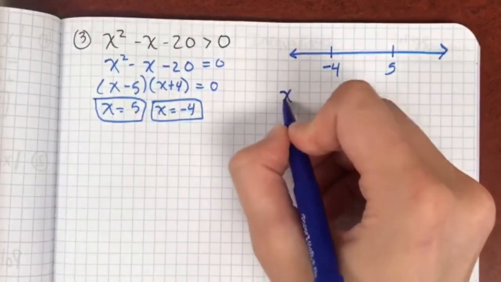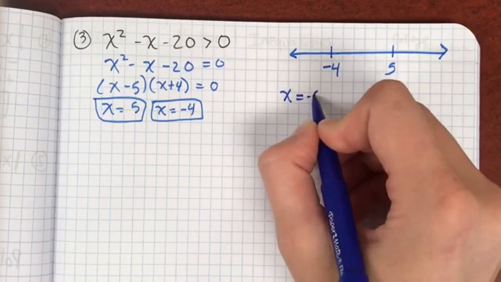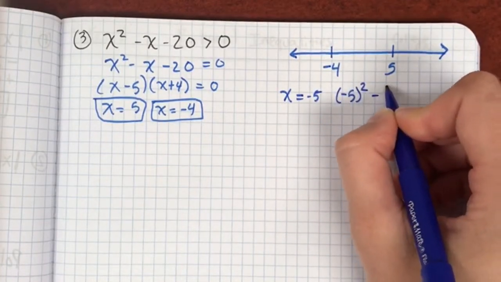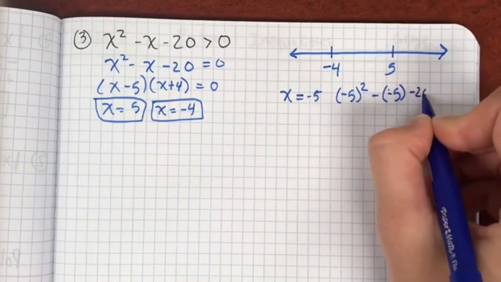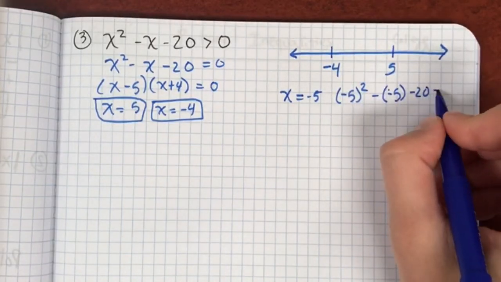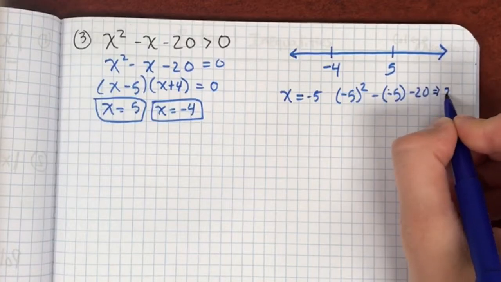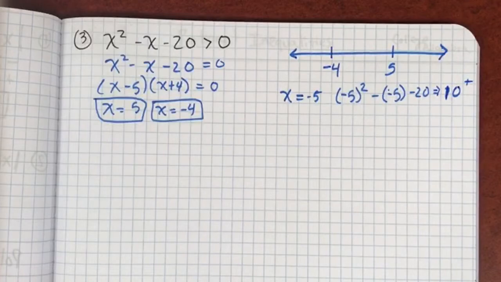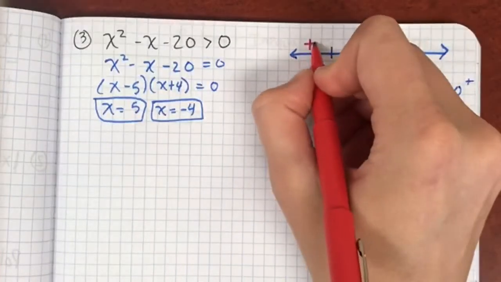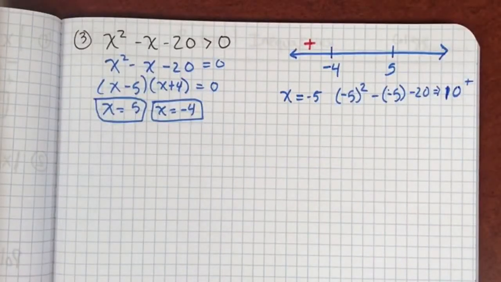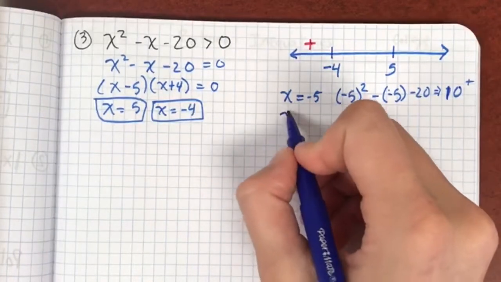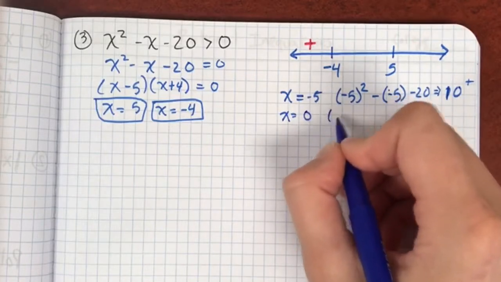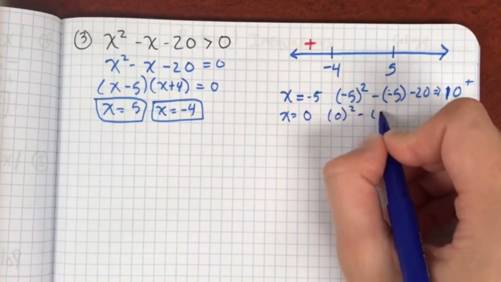So I'm going to test -5, so -5 squared minus -5 minus 20, and that's equal to 10, which is positive. So I know in this interval we have a positive value. If I test 0, I'm probably always going to use it just because it's easier to do the math.